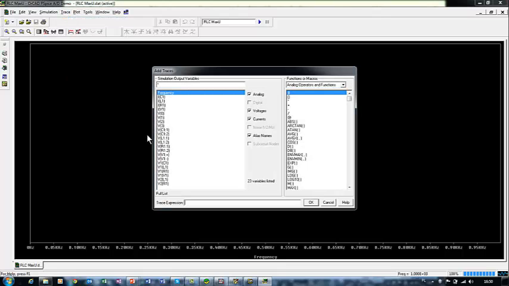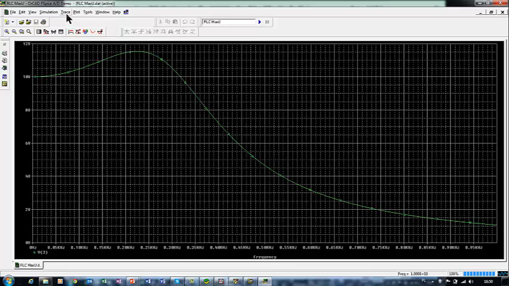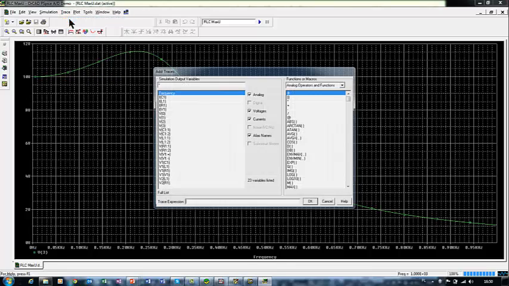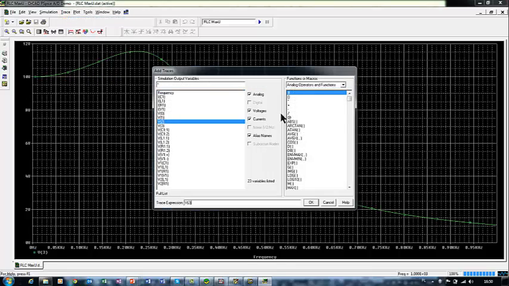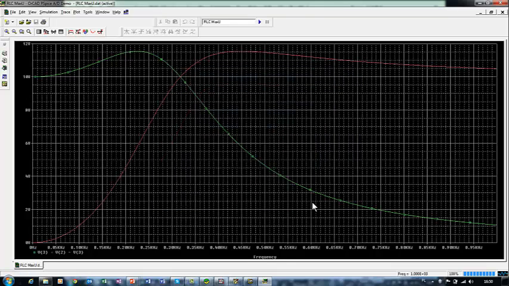Add trace V at the node 3 is a capacitor voltage, and V between 2 and 3 is a coil voltage. If we are interested in finding peak values and maximum values, toggle cursor.